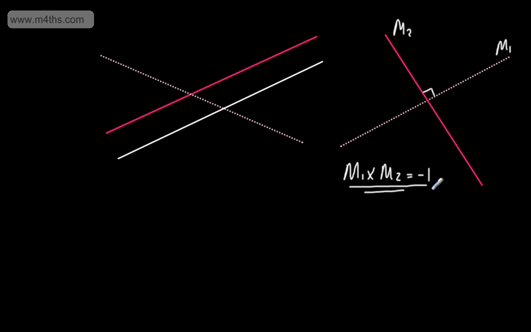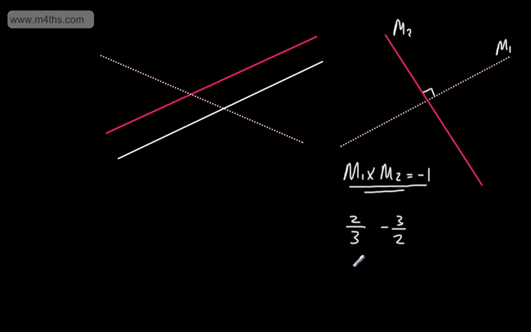A more intuitive way to think about this is that the gradient will be the negative reciprocal. So for example, if I had the gradient m1 and this was equal to 2/3, the gradient of the perpendicular line would be equal to negative 3/2. I've simply switched the fraction up and made it negative.